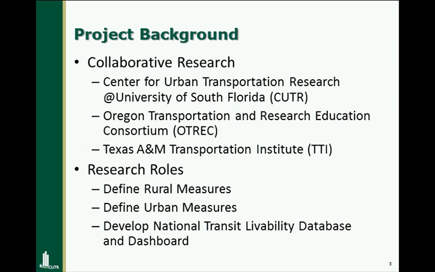Each of the groups had defined research roles, where TTI were defining rural transit livability measures, OTREC were defining the urban transit livability measures, and Qatar was to develop a national transit livability database and dashboard or website. Together, we worked to come up with measures that would be meaningful on a national scale, and this was the context.